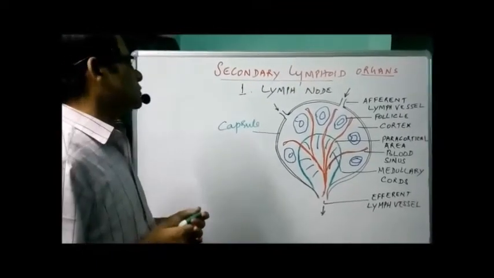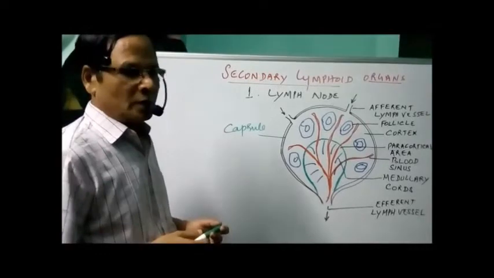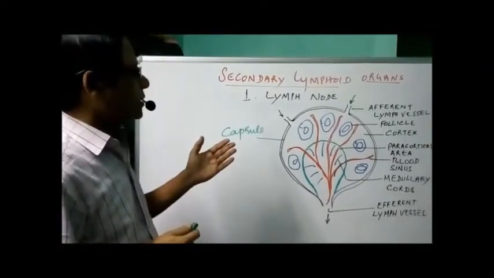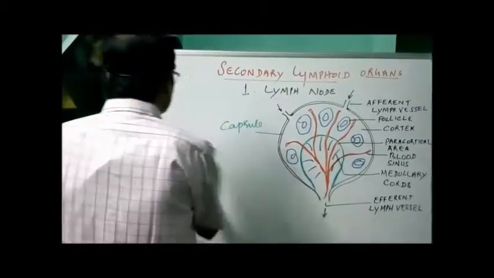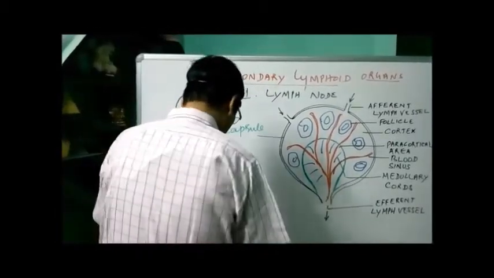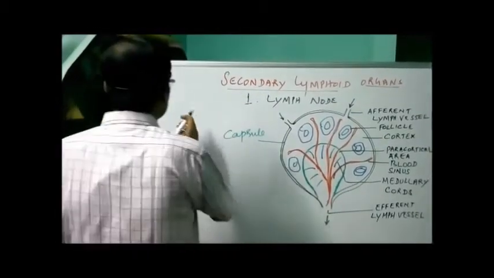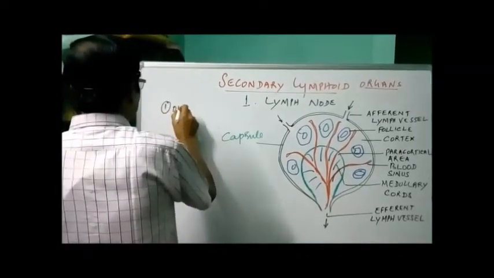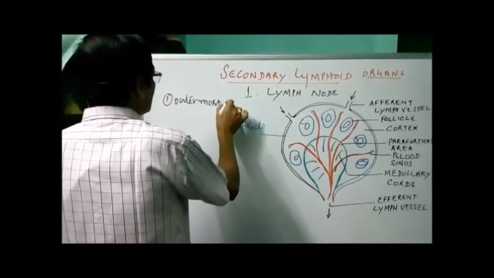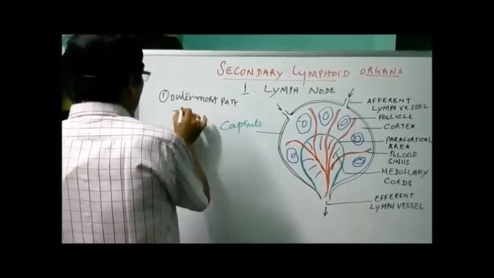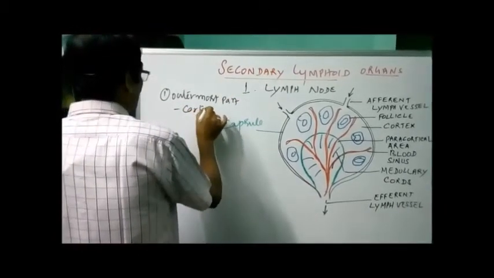What are the three zones of the lymph node? If you analyze the lymph node, it is formed of three zones. Number one, the outermost part, called the cortex.